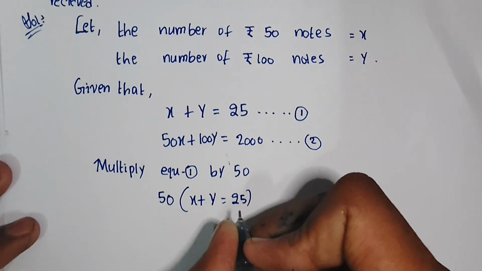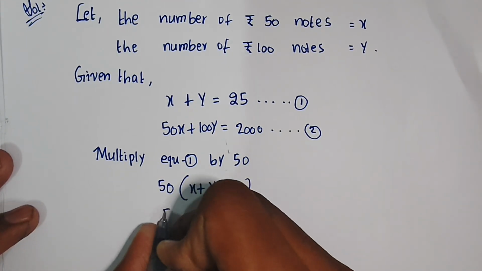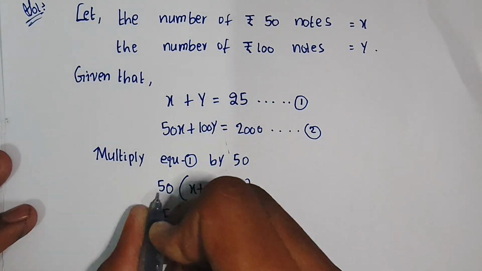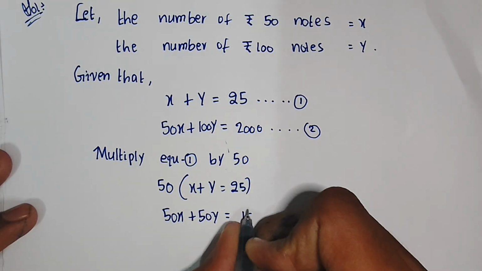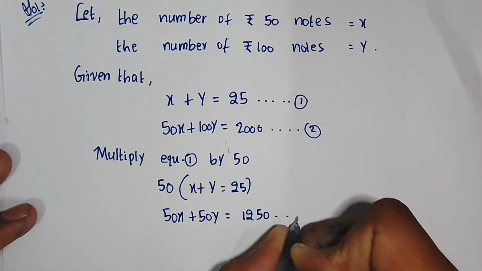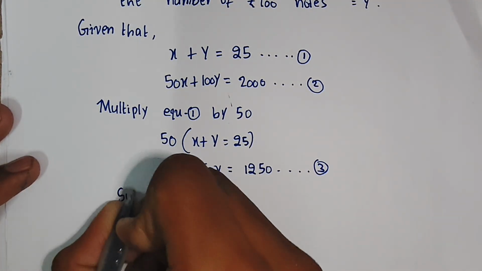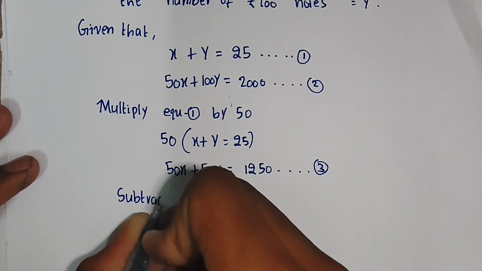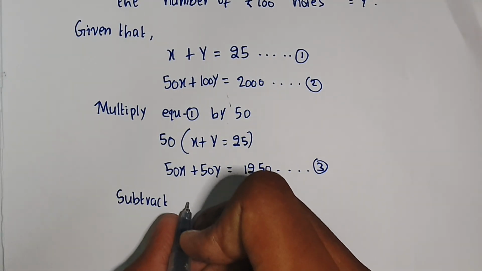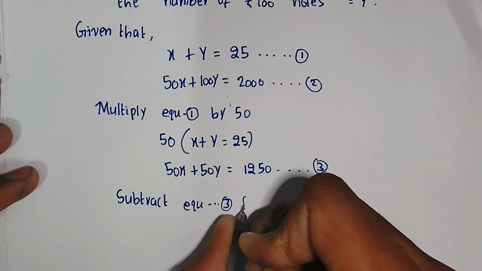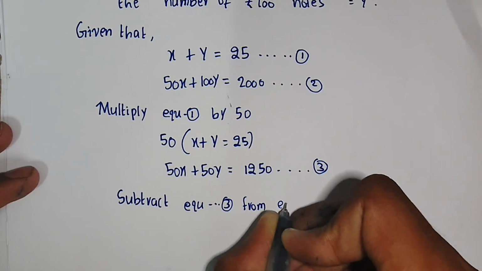So here 50 into x, 50x, plus 50 into y, 50y, is equal to 50 into 25, 1250. I am considering it as equation 3. So I am doing here: subtract equation 3 from equation 2.